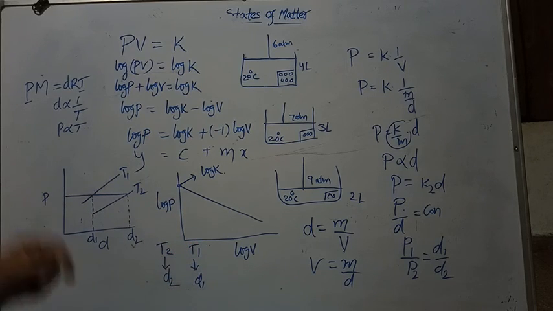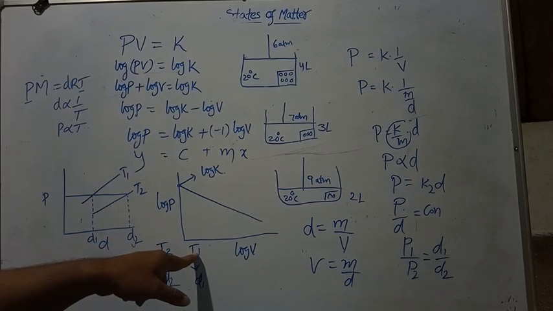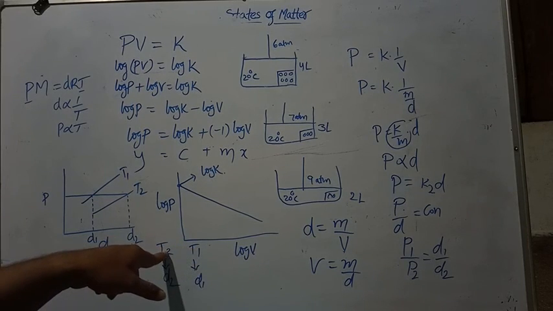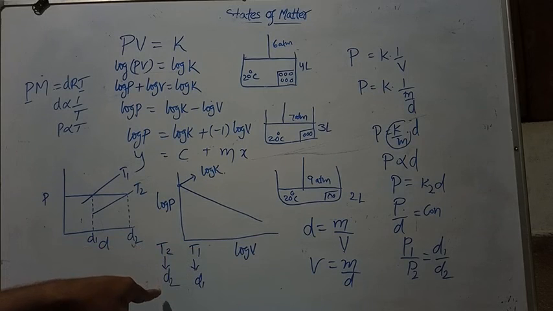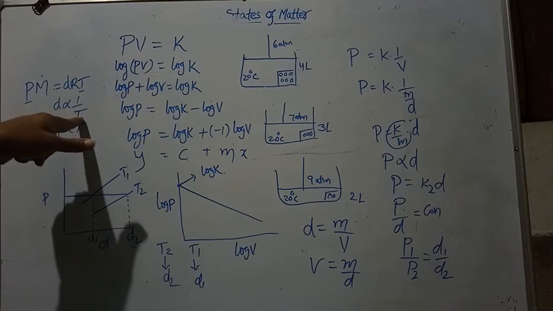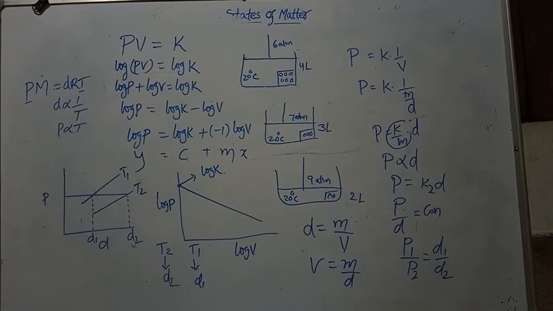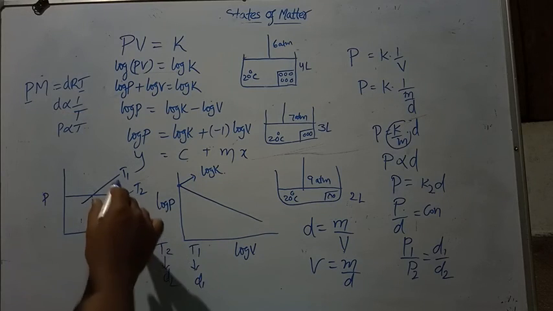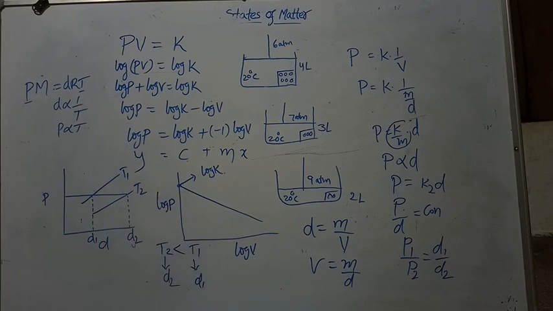This is the lower temperature, this is the higher temperature. Temperature increasing, density, what happens? Decreases. Why? Because density is inversely proportional to temperature. That is the reason why. What is the relation between these two? At lower temperature density will be more, at higher temperature density will be less. Okay, so these are the important graphs present in Boyle's law. Thank you.